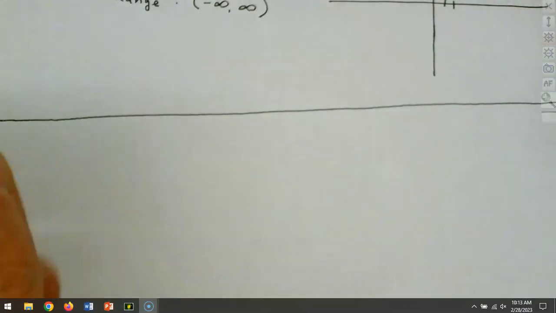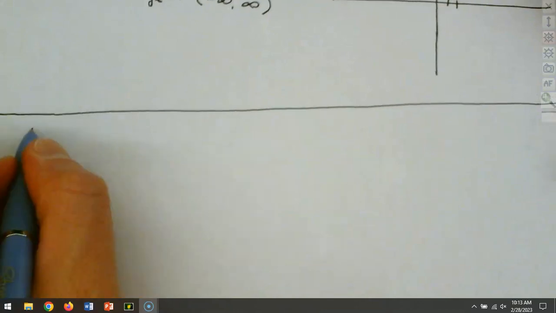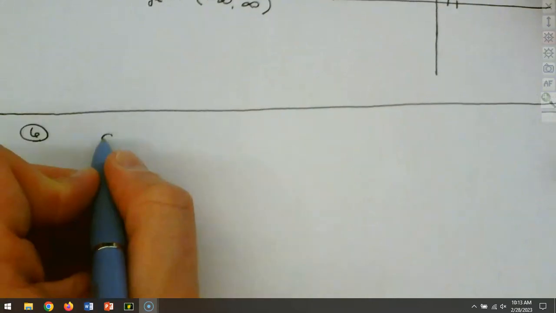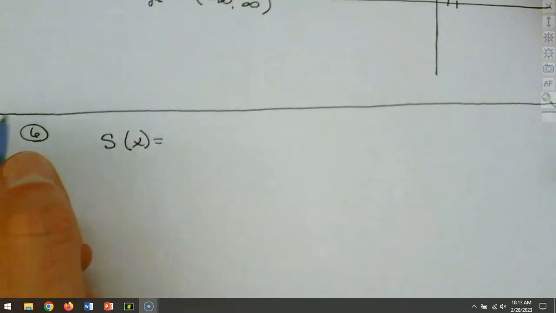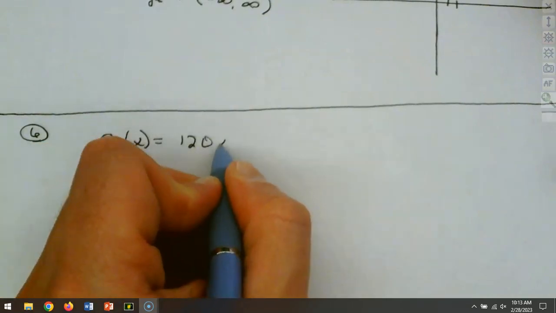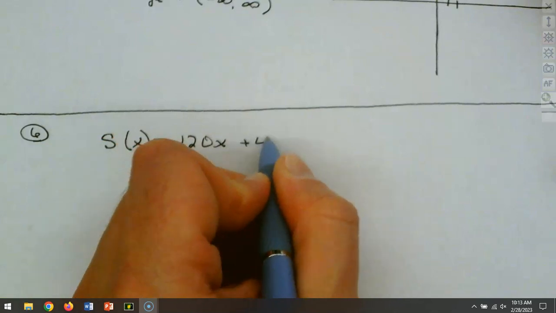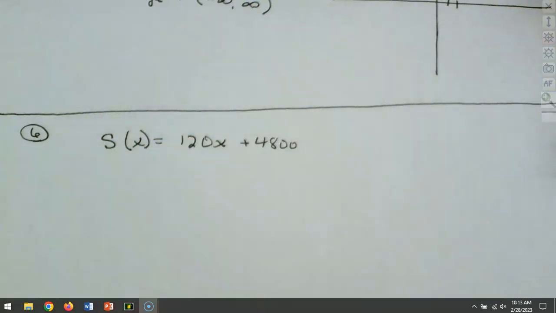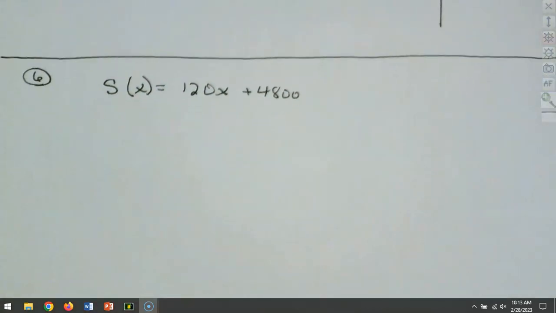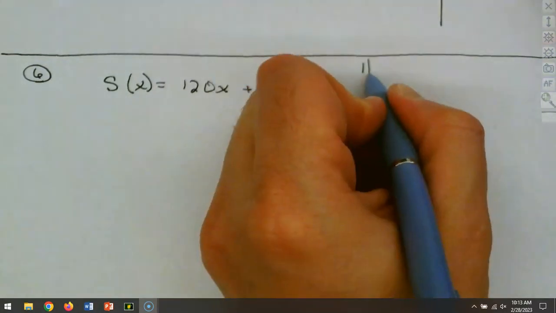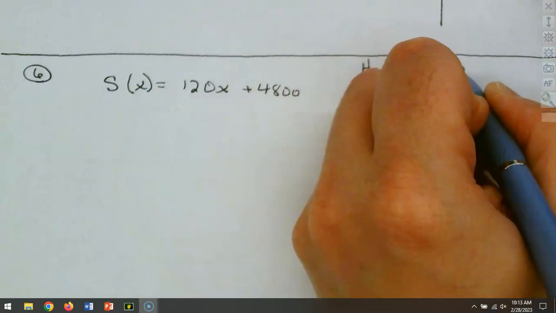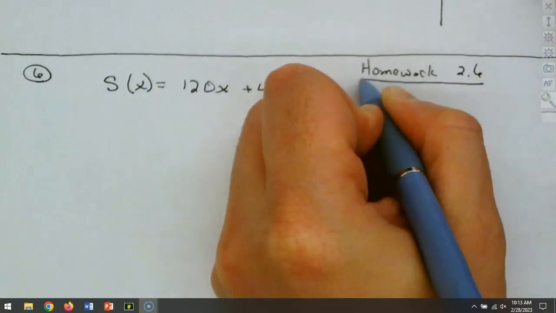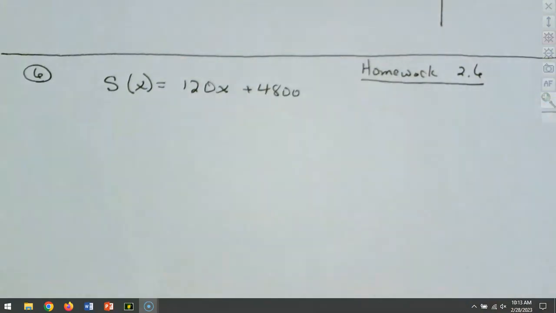So we want to find 1993. So here's our function. S of x equals 120x plus 4,800. Yep, so this is going to be question 6 of your homework. And this is 2.6. And we'll break up into groups here in just a minute.